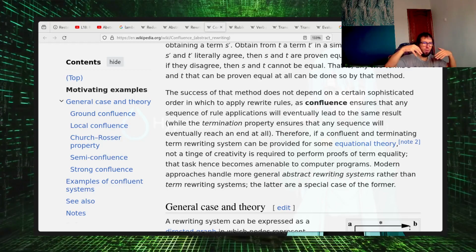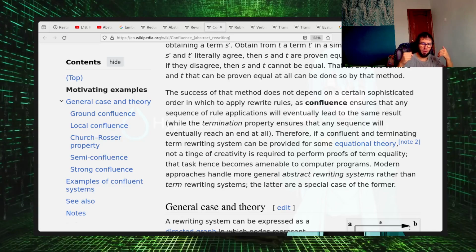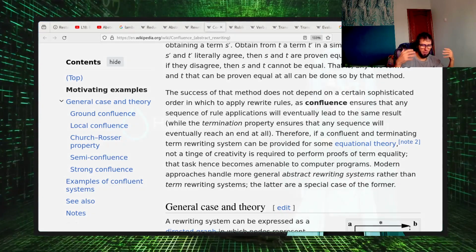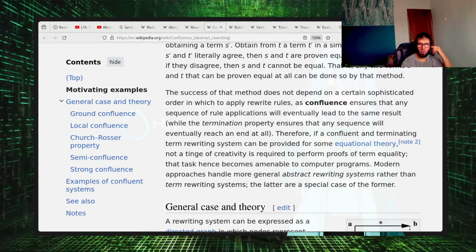And at this point we look whether these reduced terms literally agree, and in this moment we say that they are equal.